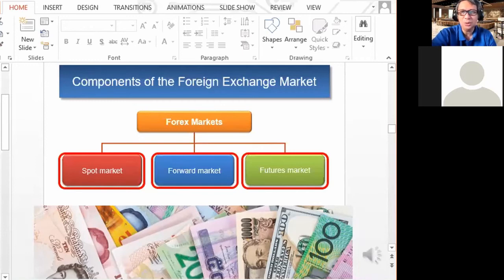Based on commodities. Okay, so yung forward market at saka futures market, in finance, they also call it derivatives. It's also called derivatives. So pag sinabing derivatives yan, tungkol yan sa forward market, tungkol sa futures market. Okay? So in the futures market, again, investors are speculating.